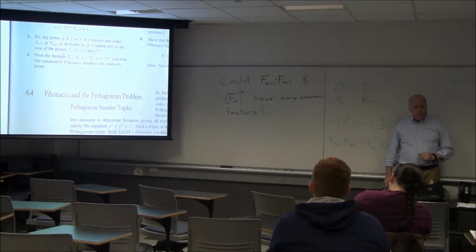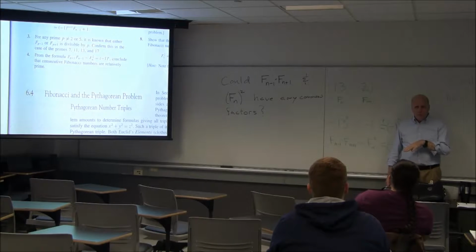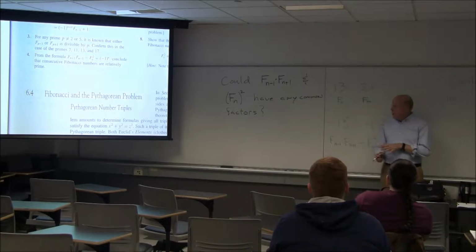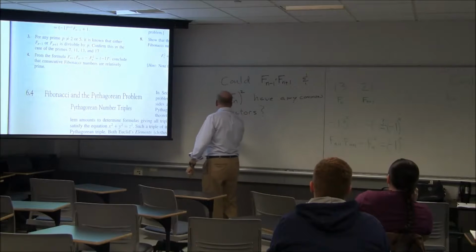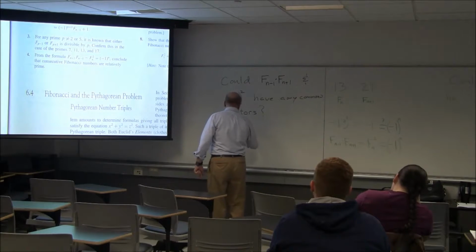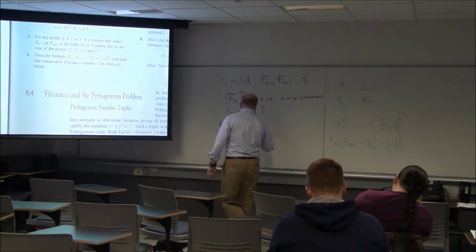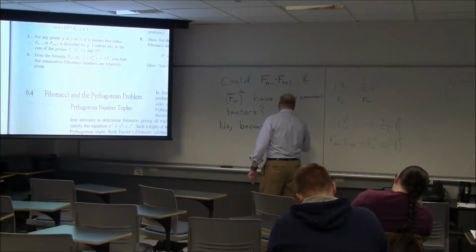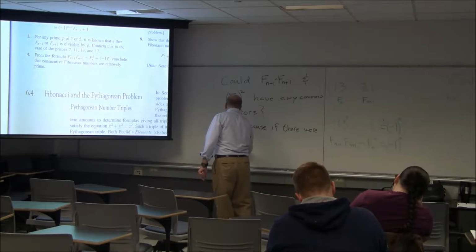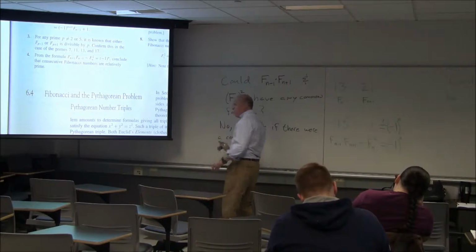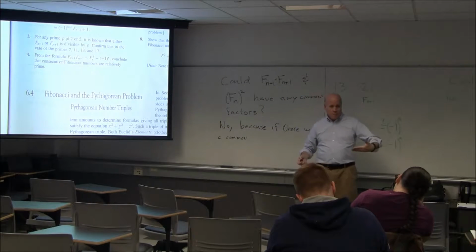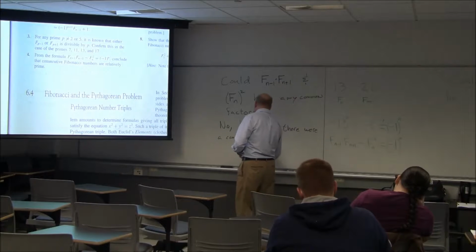Let me argue by contradiction. Suppose they did have a common factor, d. Then these two quantities, since they both are divisible by d, are either equal or they're d units apart. So the answer is no, because if they had a common factor, both of them would be a multiple of d, this number that divides both of them.